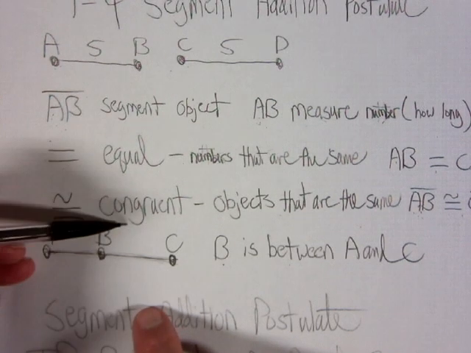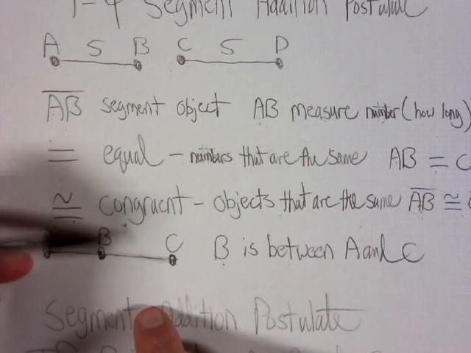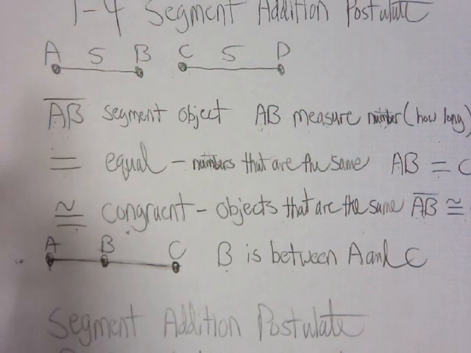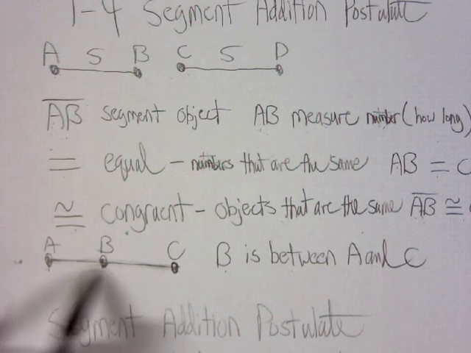If point B was off the segment, it's not between. If it's right here at the endpoint, it's not between. And certainly if it's way out here somewhere, then it's not between. So between means on the segment, somewhere inside the endpoints.